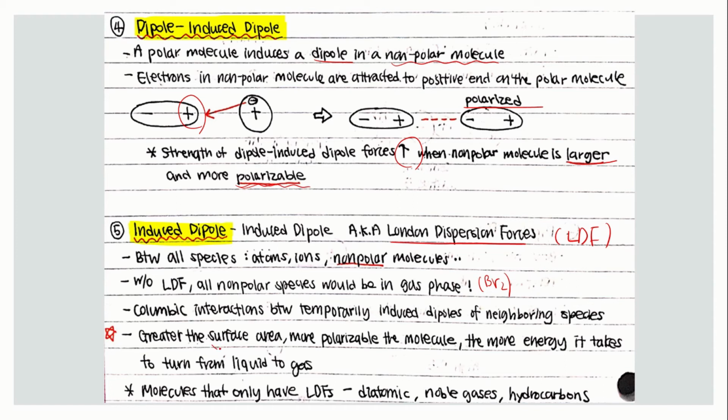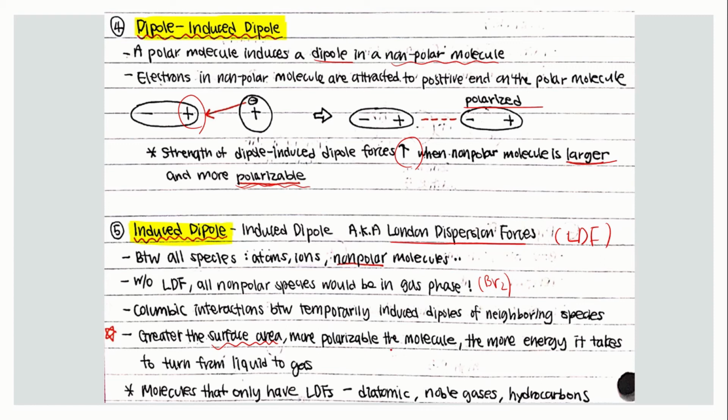The greater the surface area, the more polarizable the molecule, and the more energy it will take to turn the molecule from liquid to gas. Because, as I just mentioned for dipole-dipole, if the molecule is large or has a greater surface area, there will be more space to polarize the molecule.